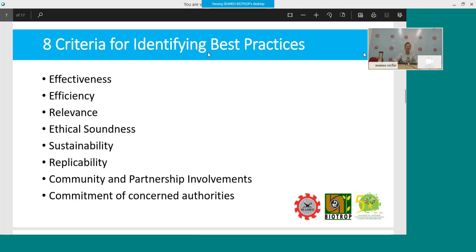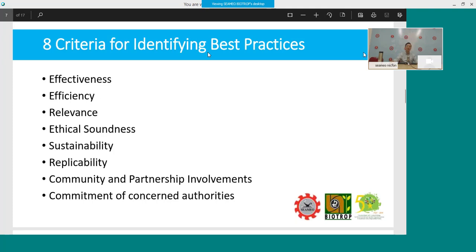So now, how do we identify that what we are trying to do now can be called a best practice? So there are 8 criteria to be able to call your practice right now a best practice.